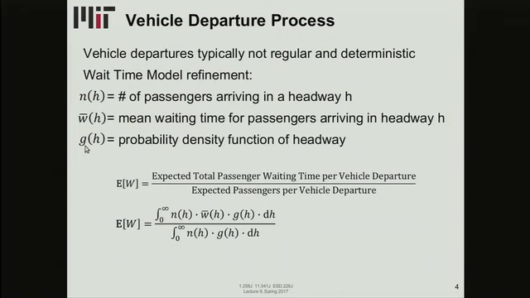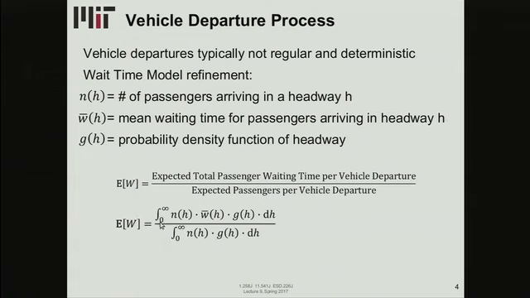So we observe many of these headways, and we have a histogram of headways. So if you want to compute the expected waiting time across all passengers, what we want is the expected total passenger waiting time divided by the expected number of passengers, over many, many observations of vehicles leaving. And that is expressed mathematically in the equation below.